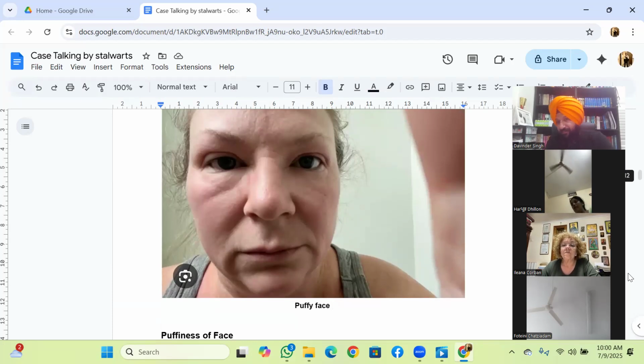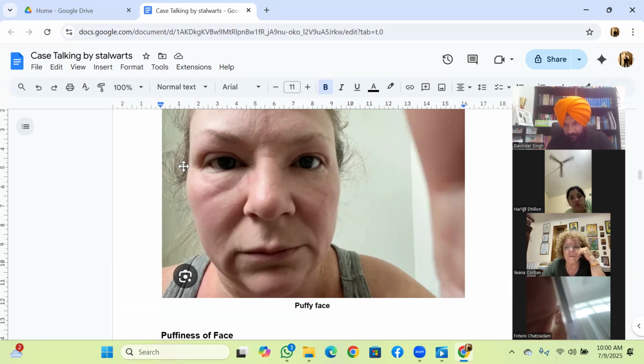So this is a puffy face. Look at this, the swelling here. This is a puffy face, and this is temporary. Mostly the person who sleeps a lot, after that their eyes are swollen, and you feel that the person slept a lot. He was sleeping.